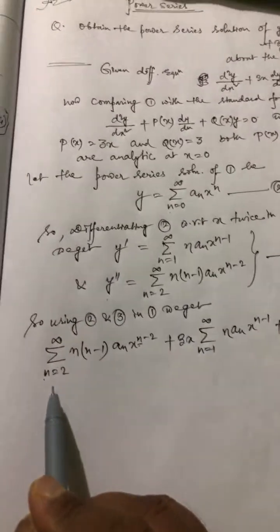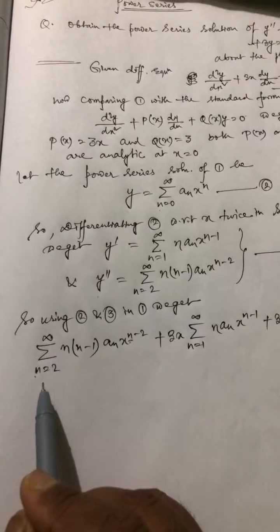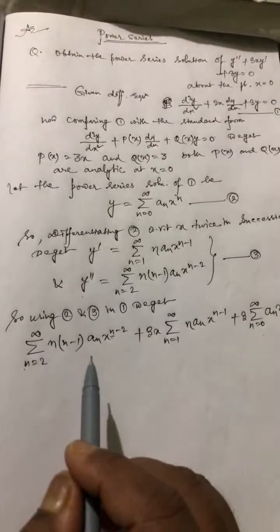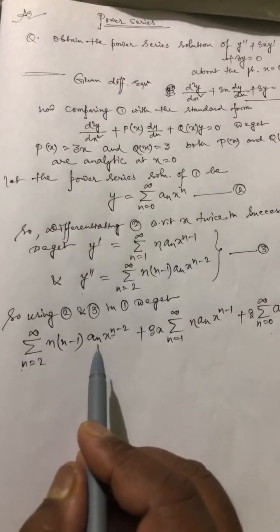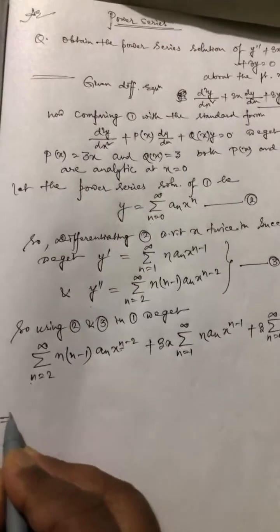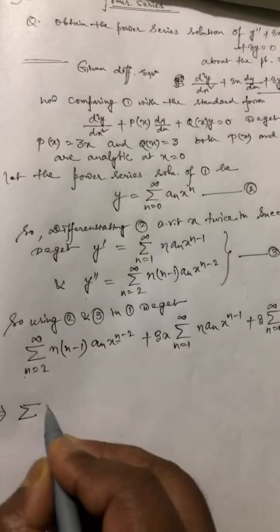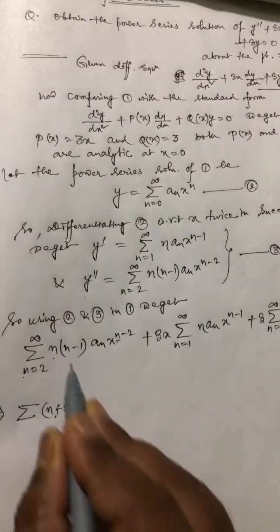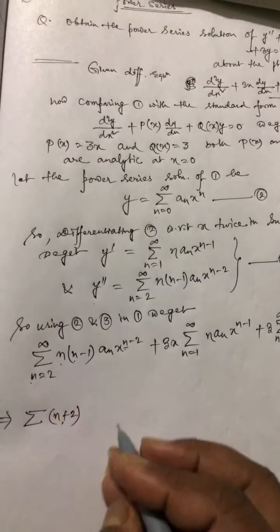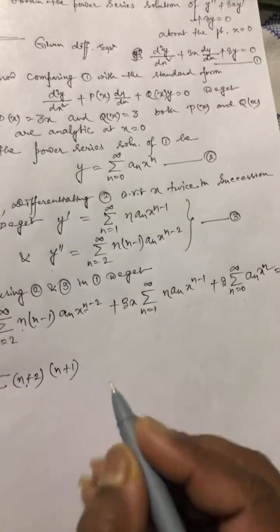That means in order to modify this summation to n equals 0 to infinity, n has to be replaced by n plus 2. So n becomes n plus 2, and n minus 1 becomes n plus 2 minus 1, that means n plus 1.